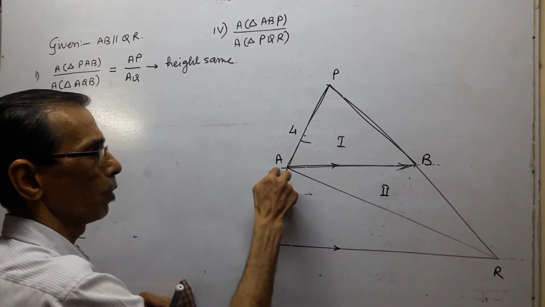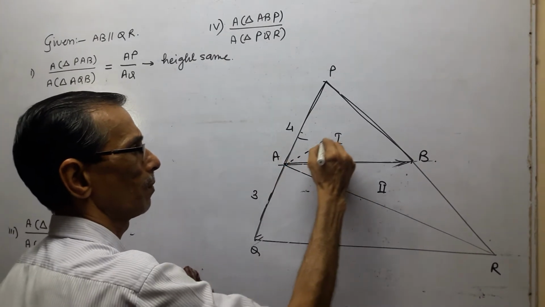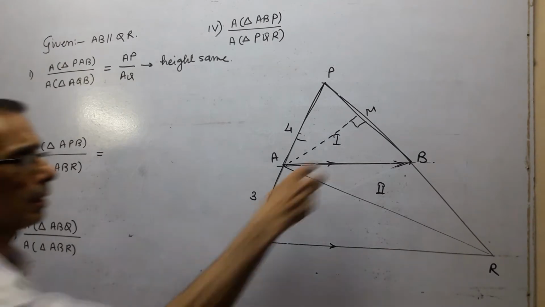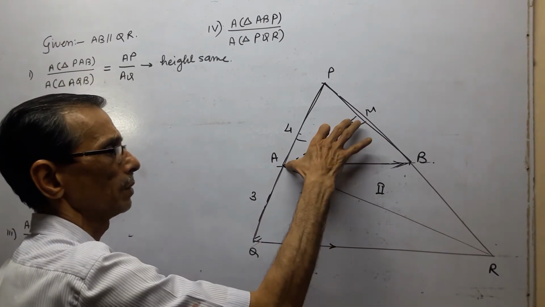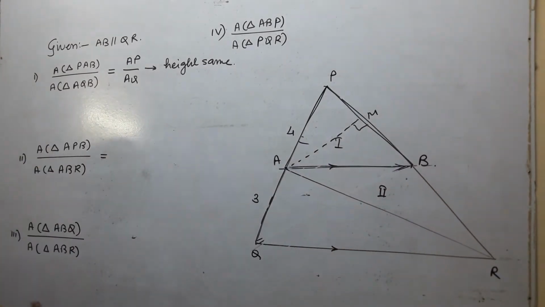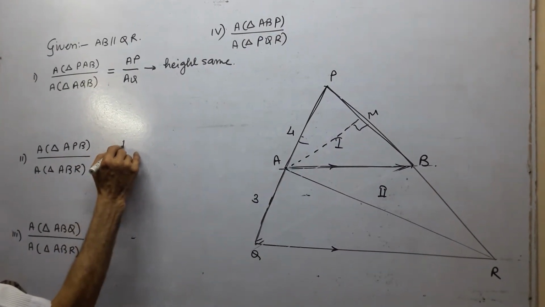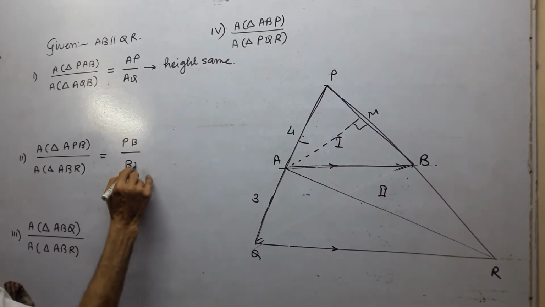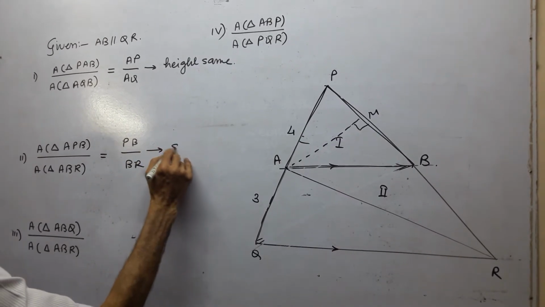Let us draw a perpendicular, suppose this is the perpendicular. Both triangles have the same perpendicular, the same height, and since they have the same height, the areas are proportional to the bases, and therefore we can write PQ upon PR. Reason: same height.